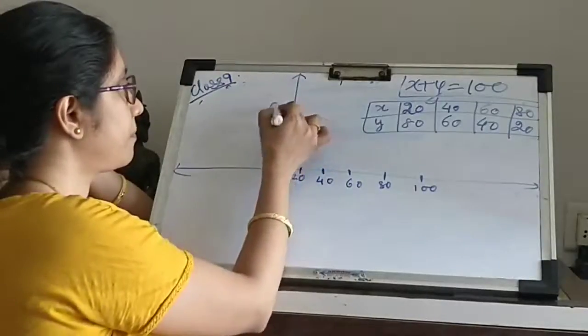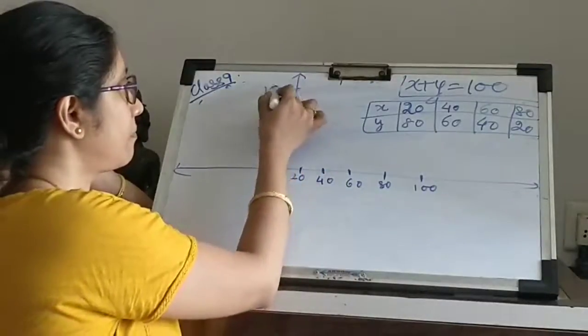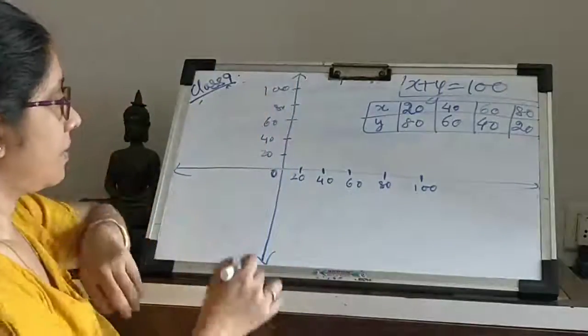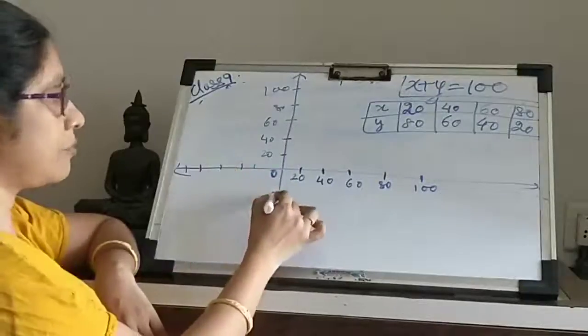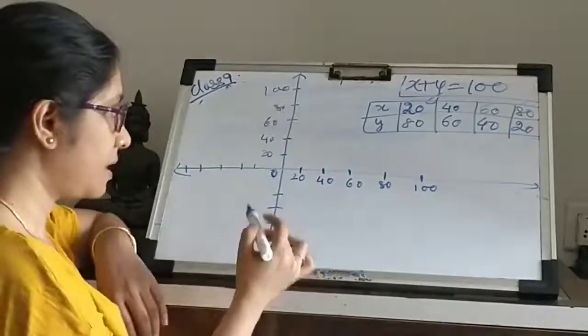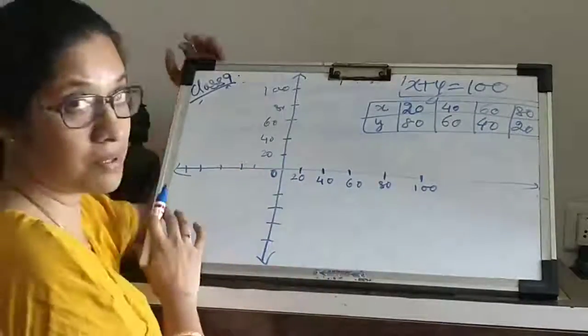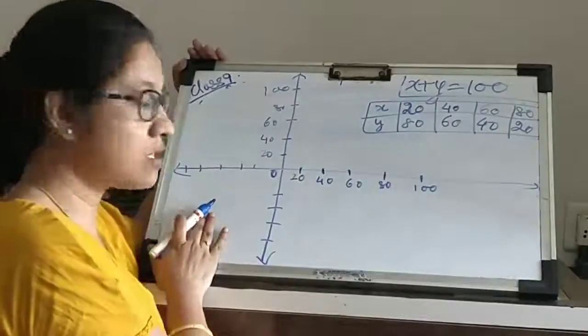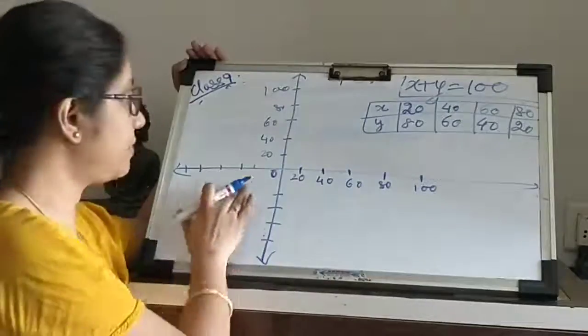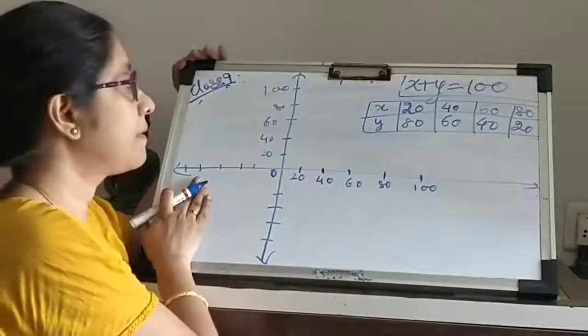And similarly on the negative side too, which I'm not plotting right now. I don't need to show it to you right now, but when you do it in your exercise books, please make sure that you provide negative numbers here as well.